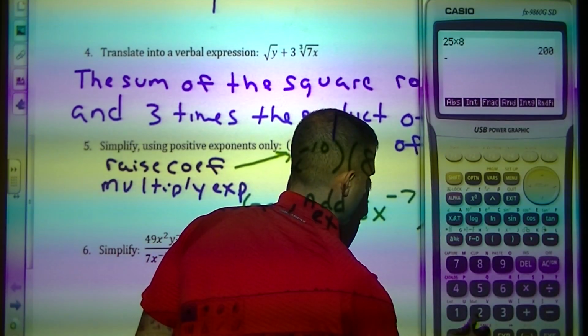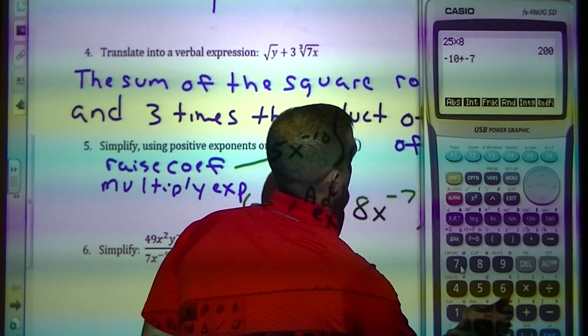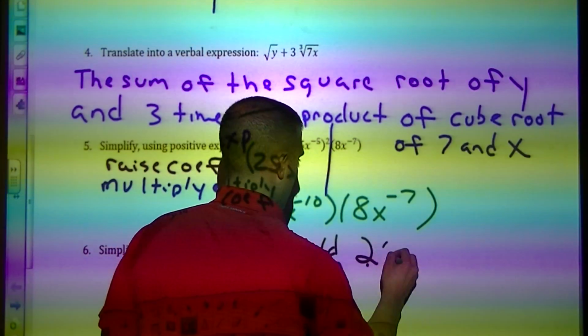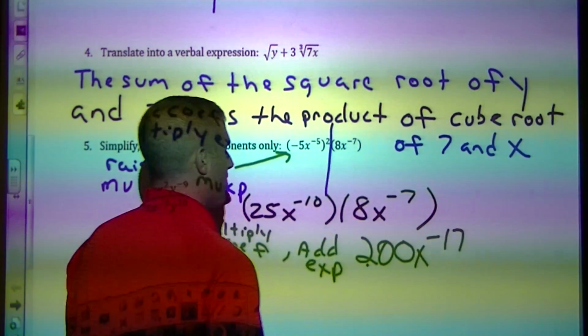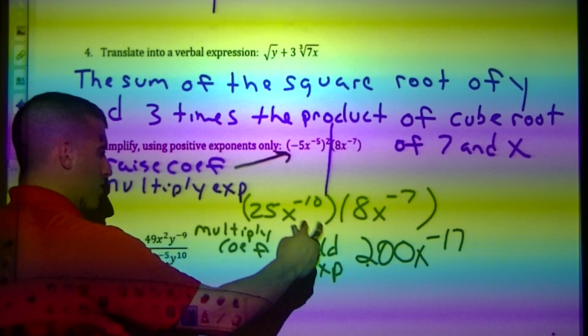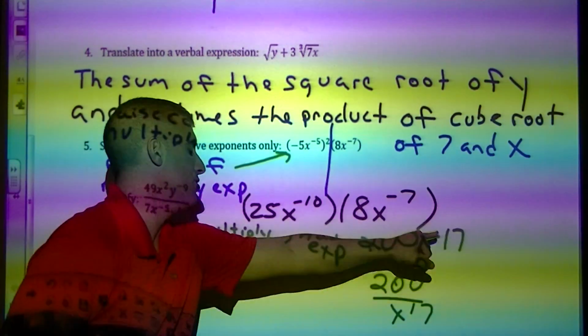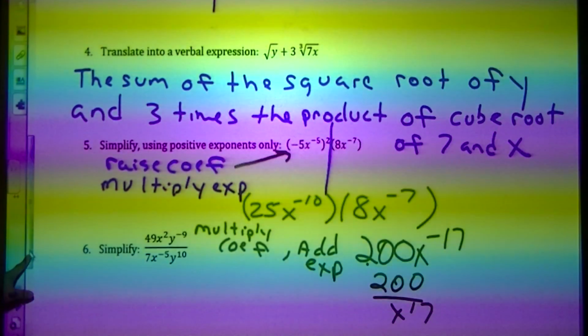If I add the exponents, I get negative 17. So I have 200 x to the negative 17 power. But negative exponents tell me to move them underneath, so it's x to the positive 17. It moves down and becomes positive.